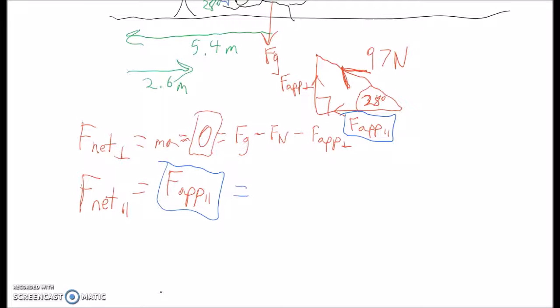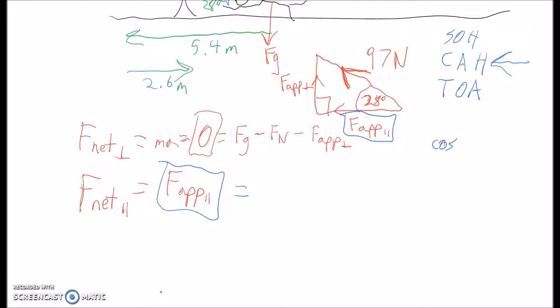So let's try to calculate it. Well, let's look here. SOHCAHTOA, right? SOHCAHTOA. So in this case, we're looking for the adjacent, and we have the hypotenuse. Which of these has adjacent and hypotenuse? That one. So we need to use cos.